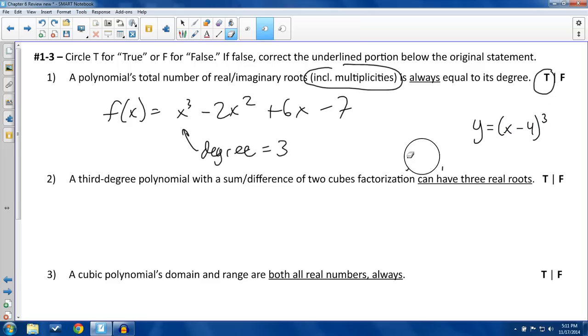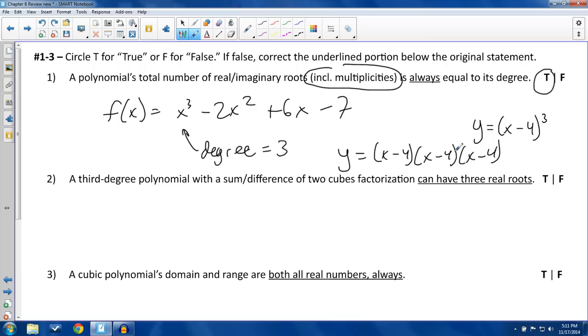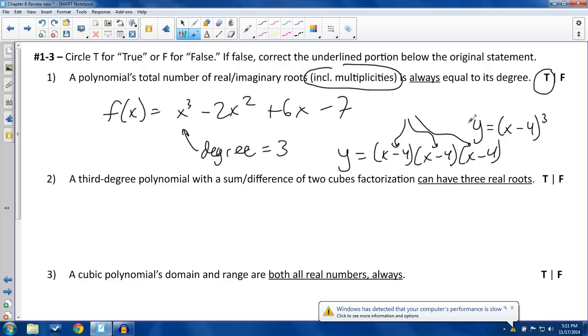Another way you could write this is y equals x minus 4 times x minus 4 times x minus 4. All multiplicity means is there are 3 different instances where you could insert 4 for x. Here, here, and here. That's 1, 2, 3.